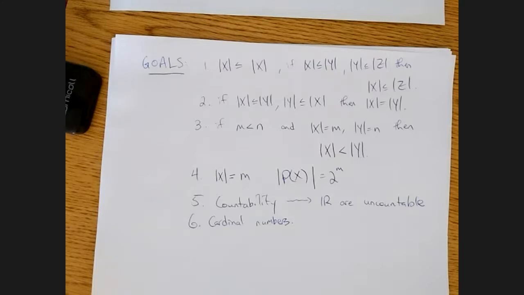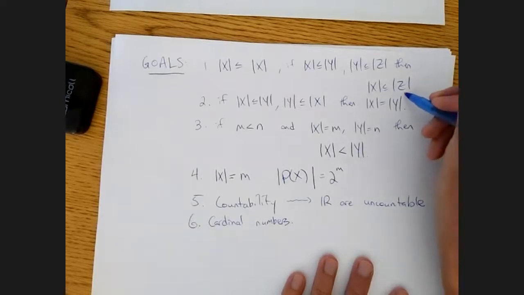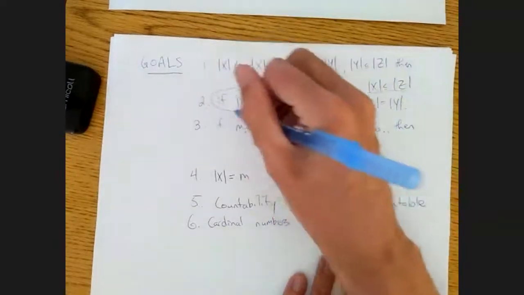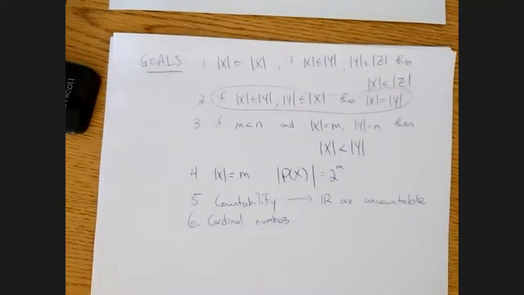Actually, one of the hardest things would be this first point, we can do it right now. We'll probably do it right now. The hardest point, to me, is the anti-symmetry of the less than or equal to for cardinality.